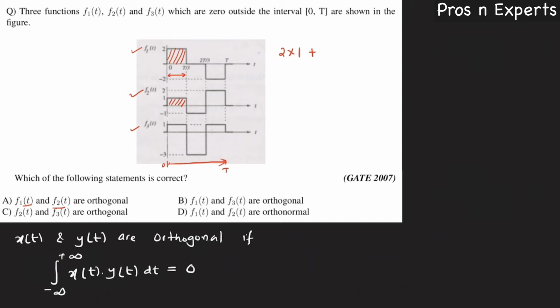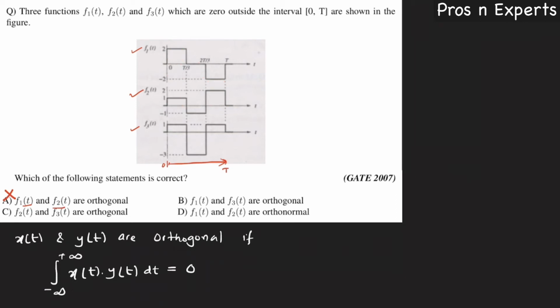In the next interval, f1 of t is 0 and f2 of t is minus 1, so 0 into minus 1 is 0. In the last interval, f1 of t is minus 2 and f2 of t is 2. So the sum is 2 minus 4, which is not equal to 0. So f1 of t and f2 of t are not orthogonal, and we can rule out option A.